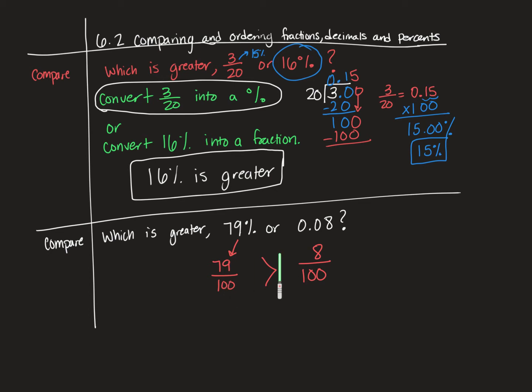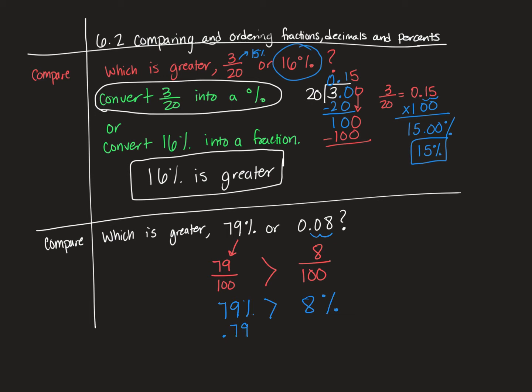What's greater, 79 or 8? Well, 79 out of 100. You can also write them as percentages. You can say 79% is greater than 8%. Remember, when we have a decimal, we can move it 2 places to the right and then put a percentage symbol. 79% is greater than 8%. You can also compare them as decimals. Remember, 79% is the same as 79 cents out of every dollar.